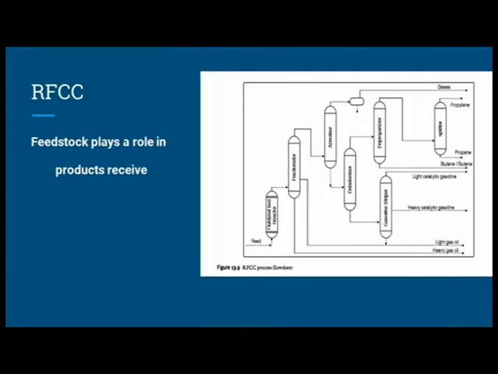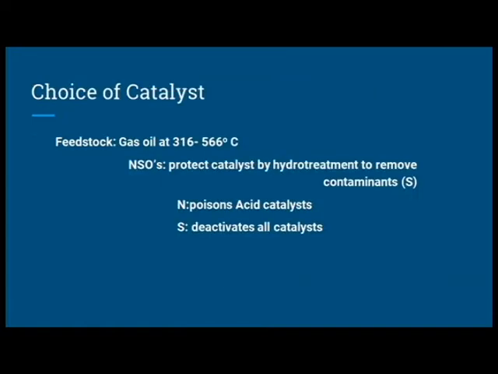Then there's additional RFCC, which is residue fluid catalytic cracking, where you have to take into account the feedstock. So with these, you have the feedstock, which is gas oil at 316 to 566 degrees Celsius.